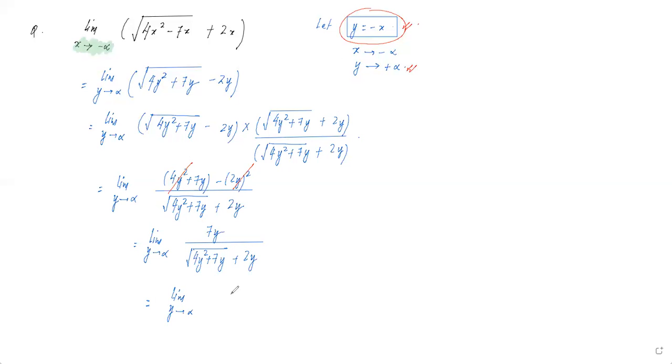So limit y tends to infinity. जब हमने ऊपर divide किया, it becomes only 7. नीचे में square root के अंदर division कैसे होगा, हमने previous question में भी देखा है. जब y को square root के अंदर provide करोगे, so it goes and becomes y square. And this 2y when divided with y will give us just 2. So outside the square root we have a 2 in the denominator.